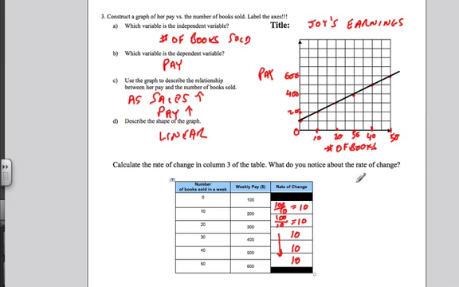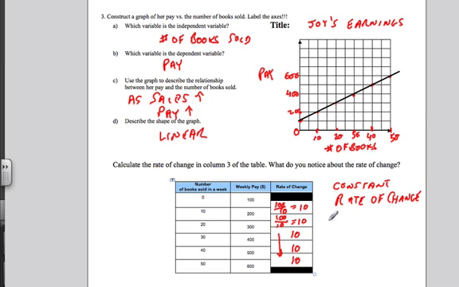And what do you notice about the rate of change? We have a constant rate of change. And that's the reason that the graph is linear.